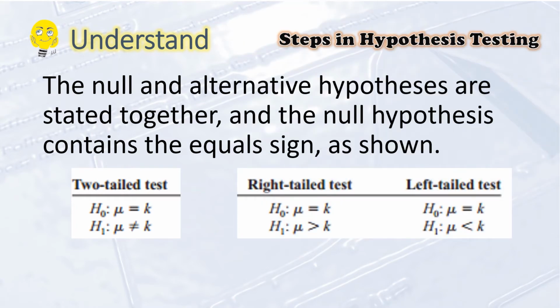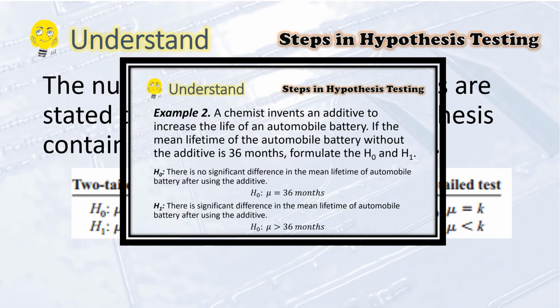The right-tailed test states the null hypothesis as mu is equal to k and the alternative hypothesis as mu is greater than k. Of the three examples, example number 2 is a right-tailed test.